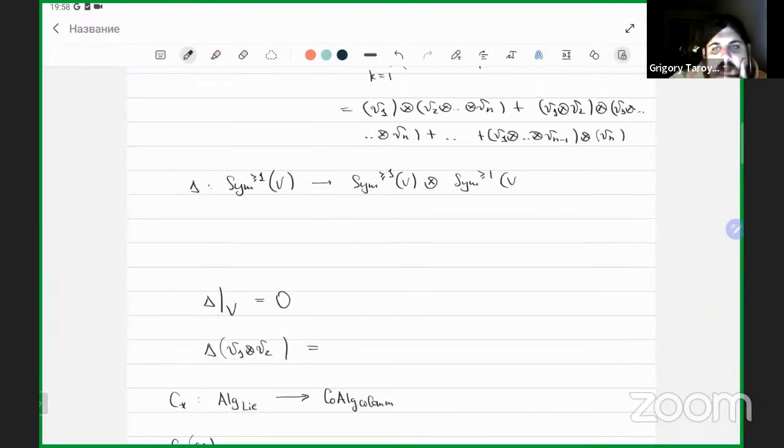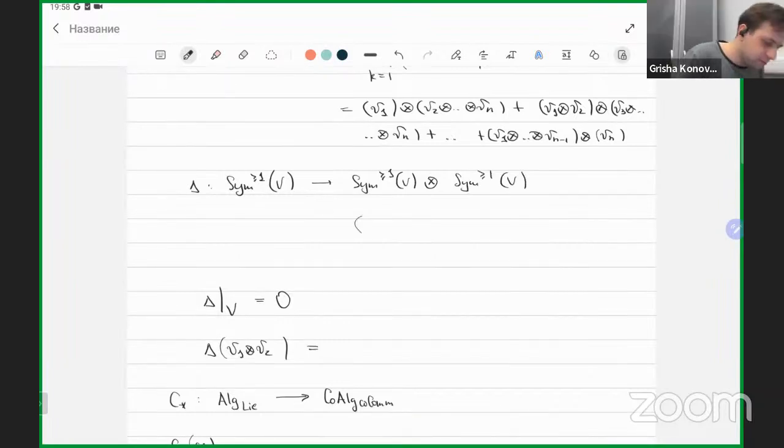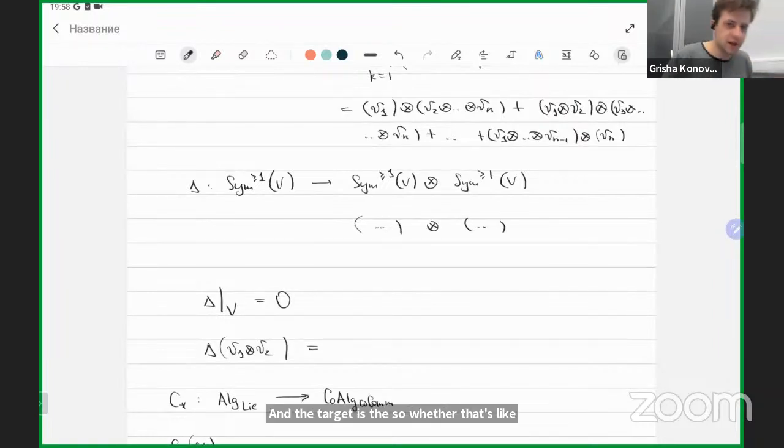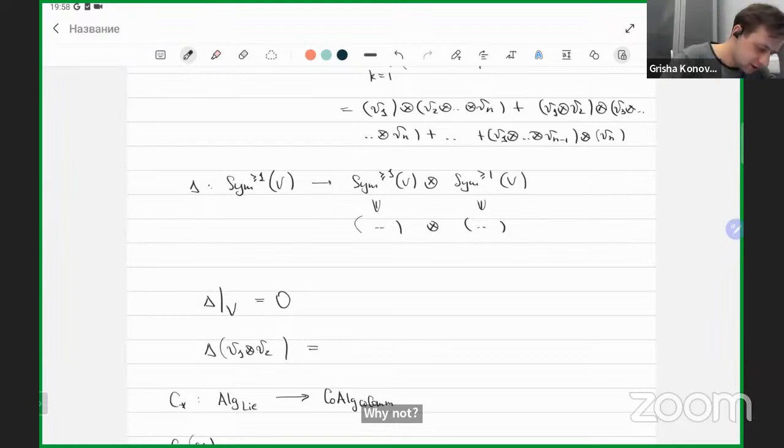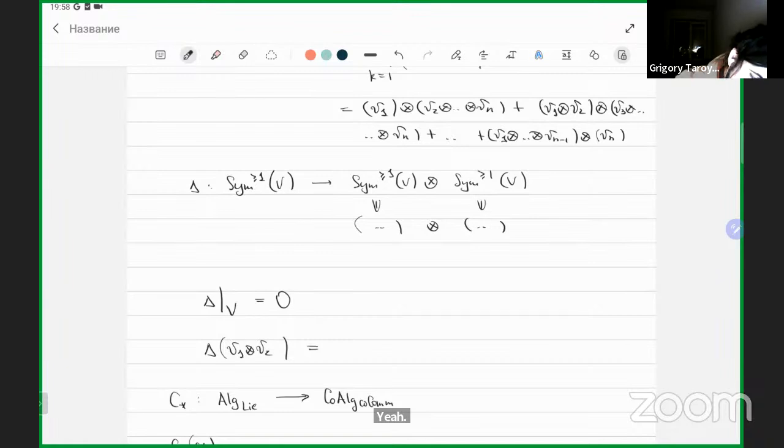Okay, yeah, I see. When I split the word into two parts and put them into brackets, the first part belongs to the left factor, and the other part belongs to the right factor. That's what I mean. I guess it was just confusing that the multiplication in the symmetric algebra is denoted by the same thing as the product. No, I get it.